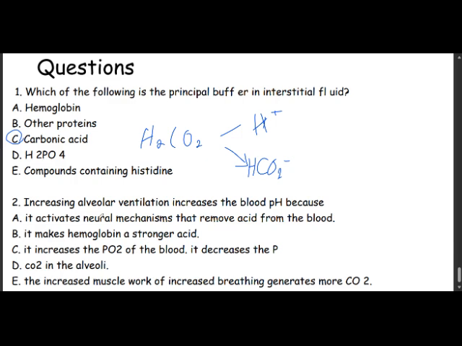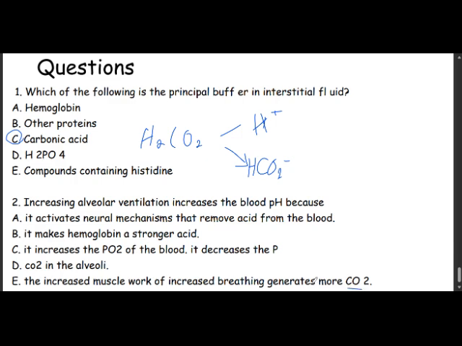All right. Then secondly, increased alveolar ventilation increases the blood pH because: it activates neural mechanisms that remove acid from the blood; it makes hemoglobin a stronger acid; it increases the partial pressure of oxygen in the blood; it decreases the partial pressure of CO2 in the alveoli; or the increased muscle work of increased breathing generates more CO2.